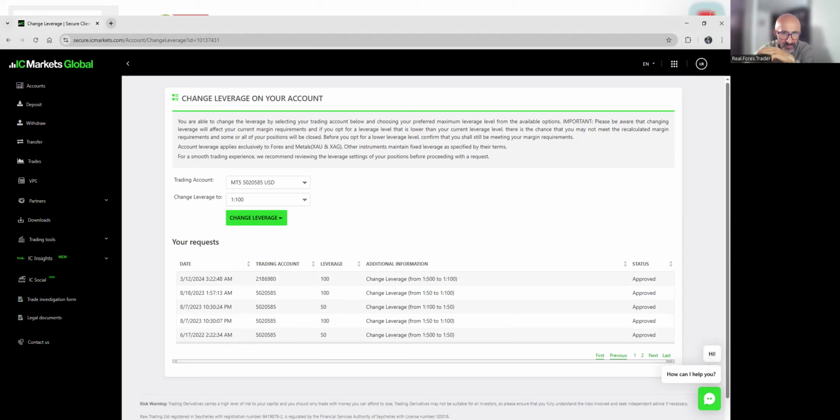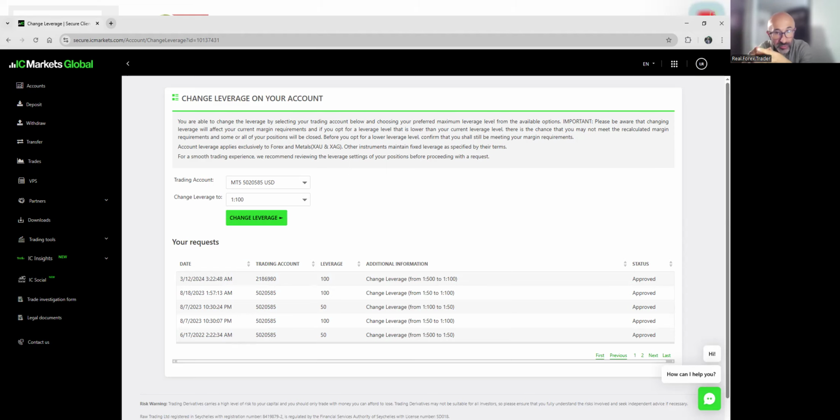What does it mean? Basically, it means that for every dollar in my trading account, I can control $100 in the market, right? So if I leverage my account 100-1, for every dollar in my account, I can control $100 in the market.